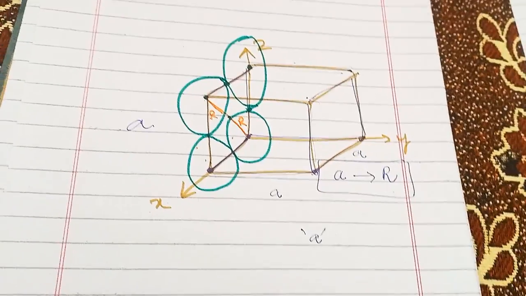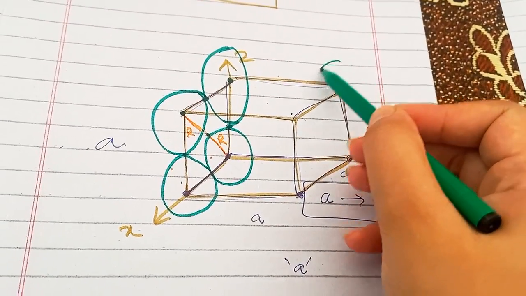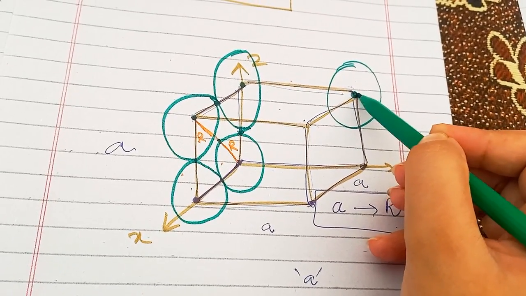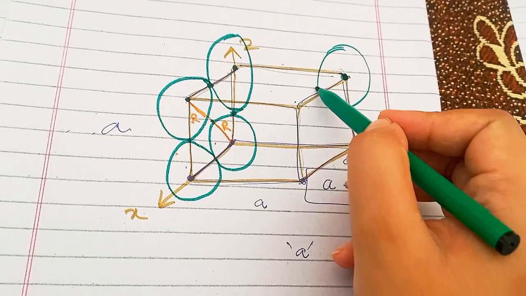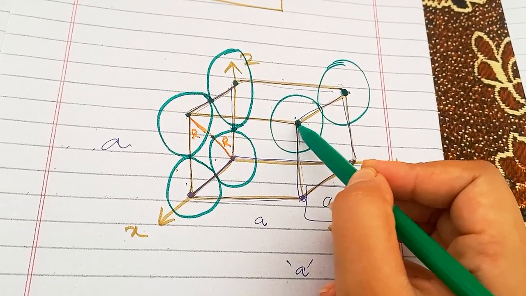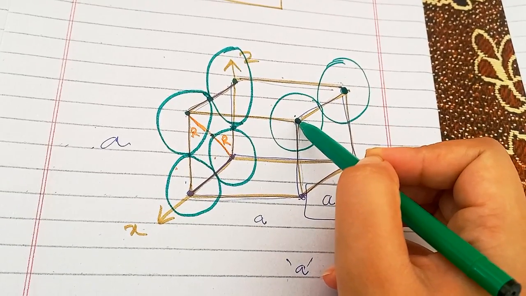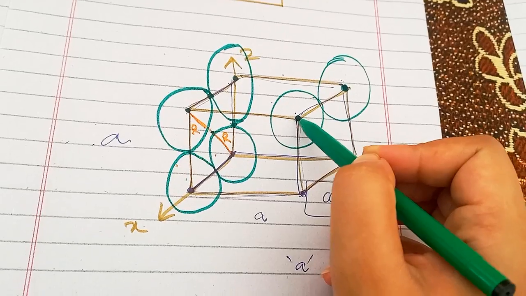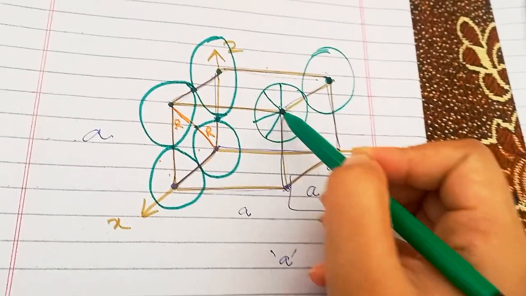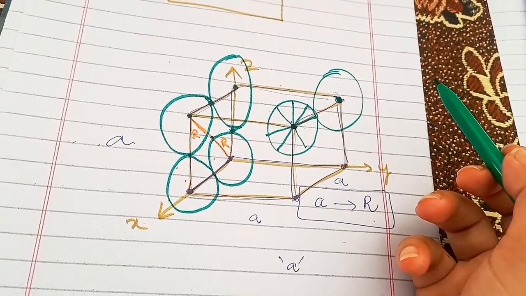And lastly, one more important thing to remember is that for all of the corner atoms, their center is at the corner of the unit cell. This means the distance from this corner point to any point on the circle will be the radius. It will help you calculate the net number of atoms lying on the plane.